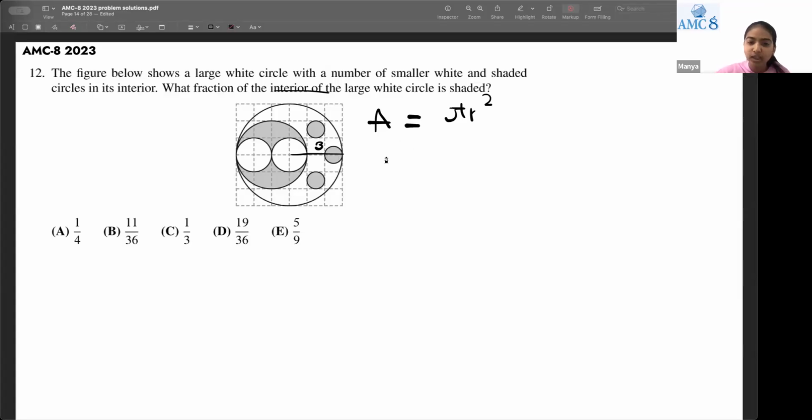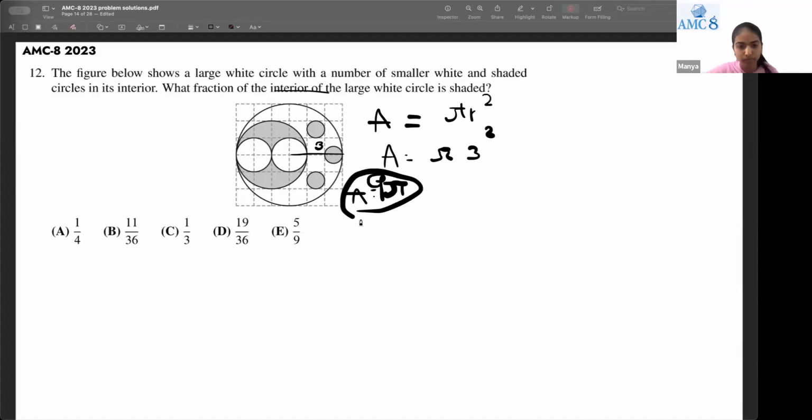So if the radius is 3, then the area of the total large white circle would be equal to pi r squared, which is pi times 3 squared, which is pi times 9, which I'll just write as 9 pi. So here, 9 pi is the area of the total large white circle.